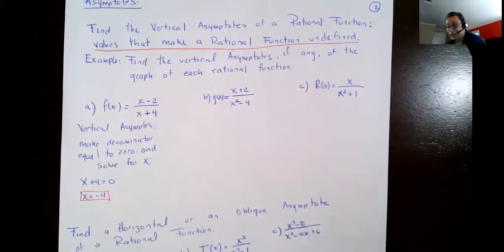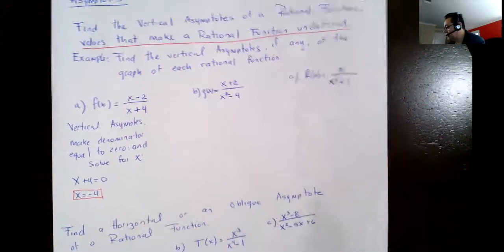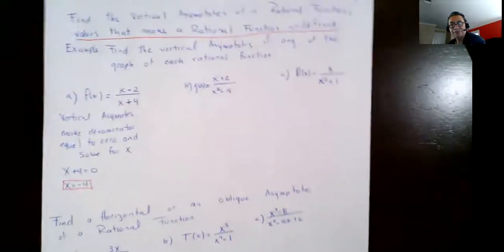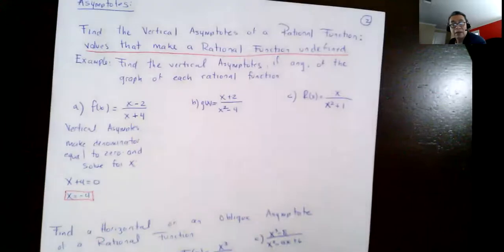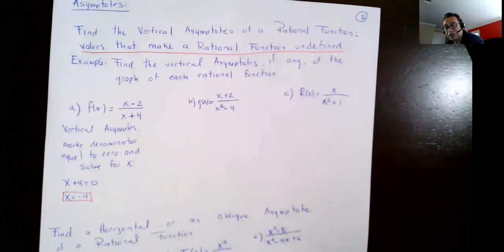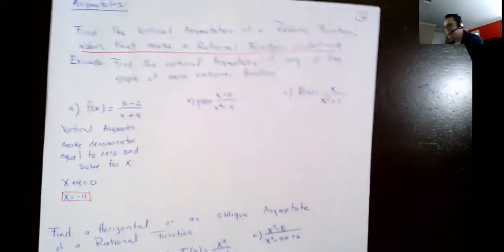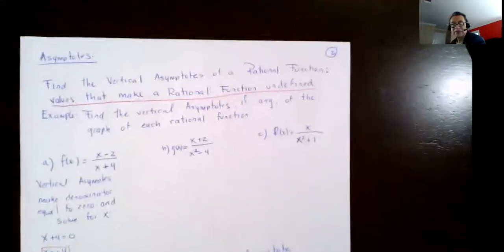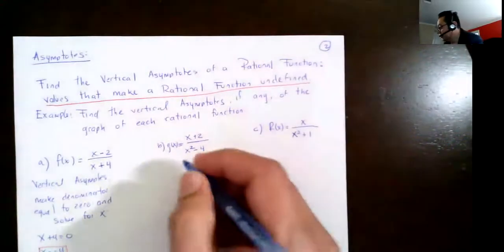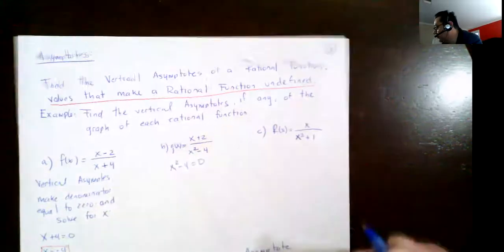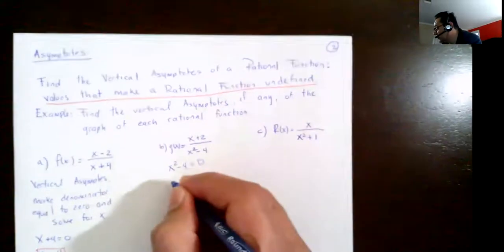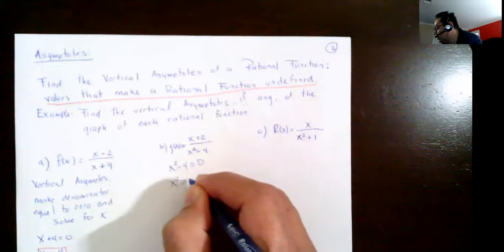Notice this is x squared minus 4. Let's do it together. x squared minus 4 equals 0, and then solve for x. x squared equals 4.